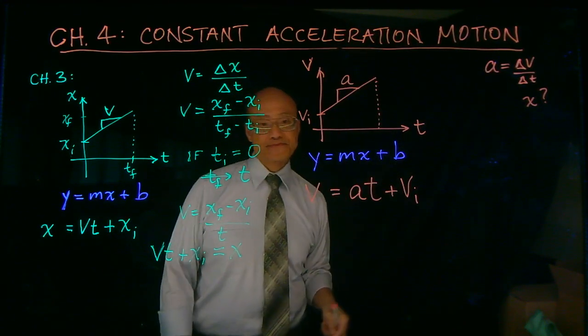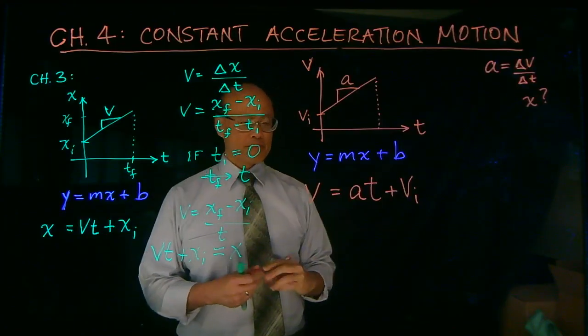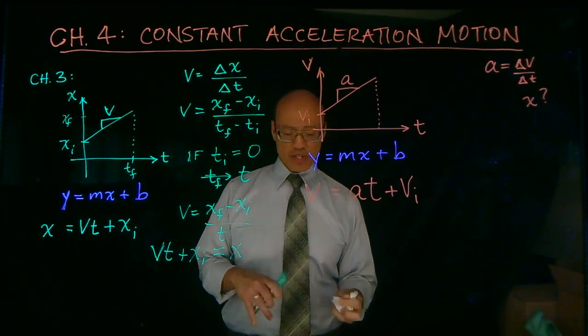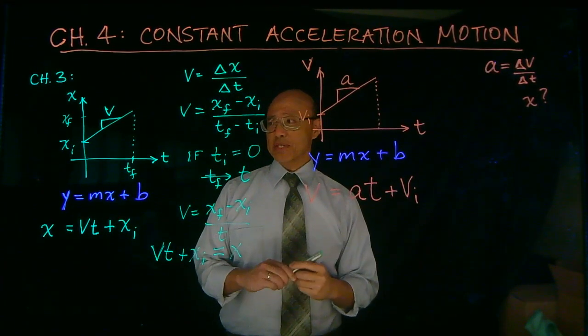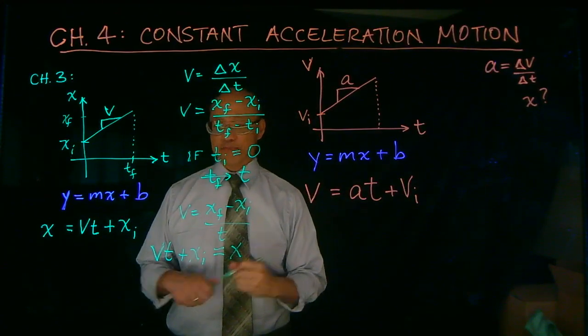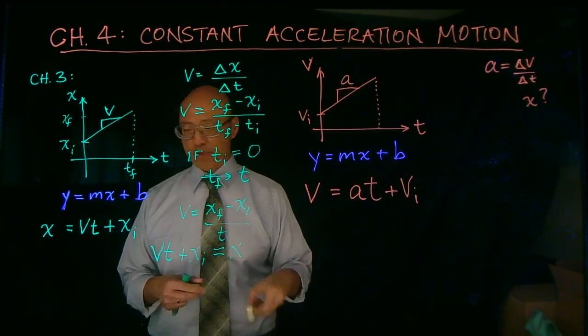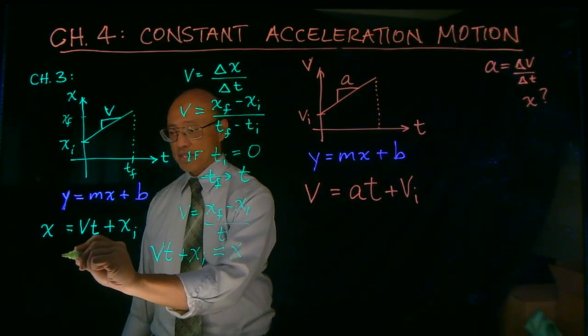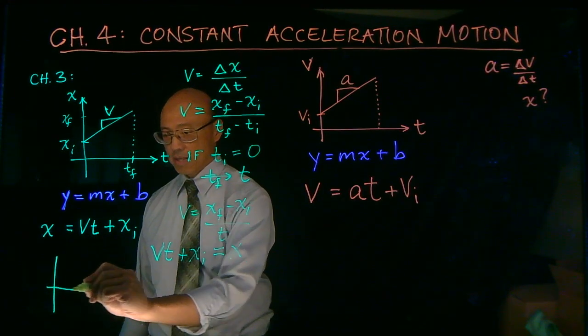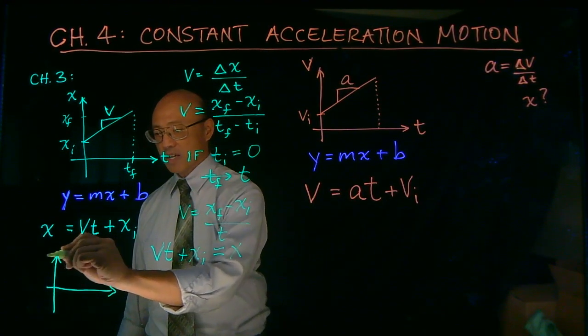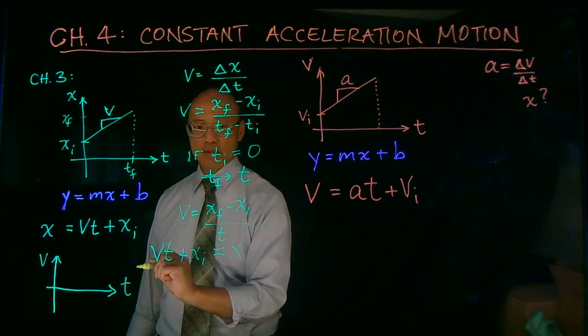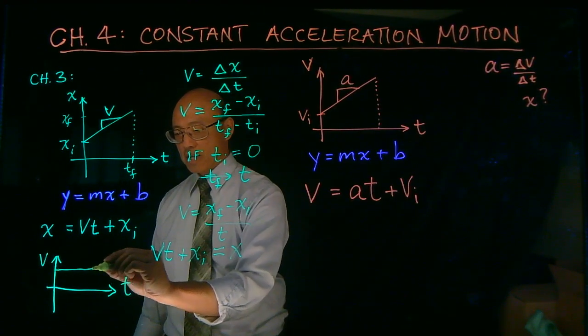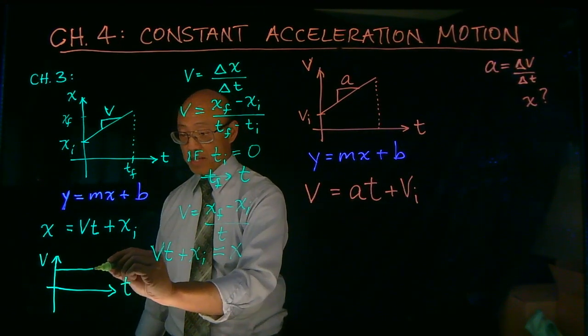What about my position? How can I get my position? Well, to do that, I'm going to use something from chapter 3. The thing I'm using from chapter 3 is this idea that if I have a velocity time graph, in chapter 3 they happen to be constant.